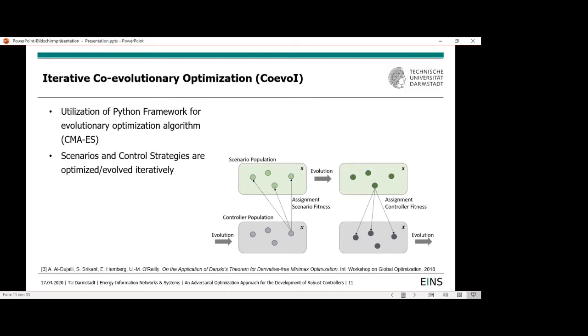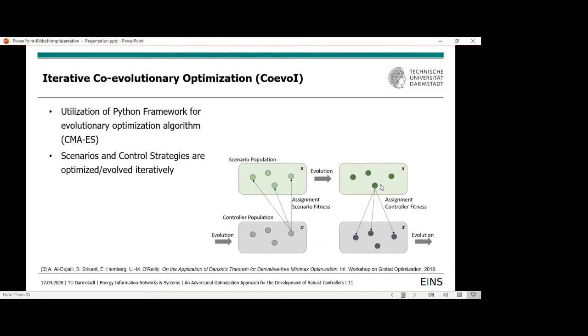Similarly, in the next step, for the current worst scenario in the scenario population, control strategies are optimized in one evolution step which give a good performance for that specific scenario.